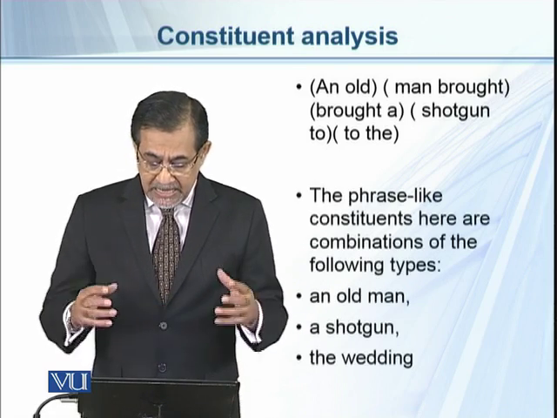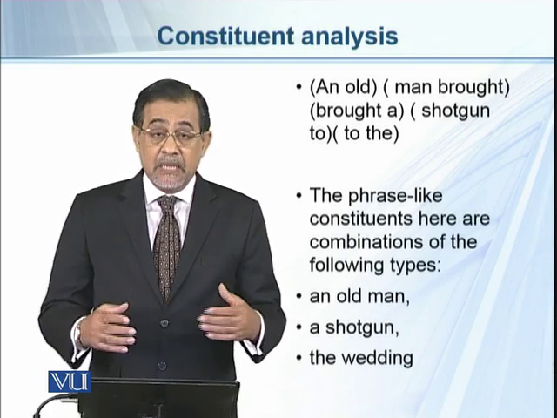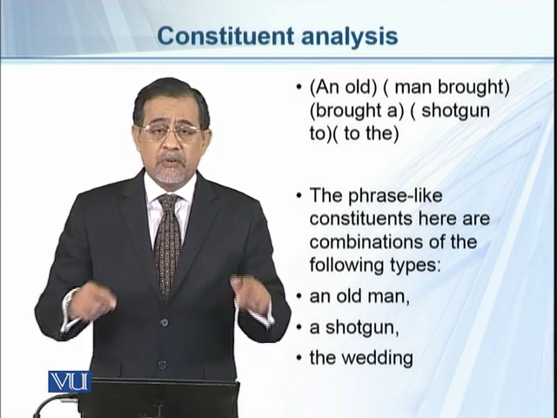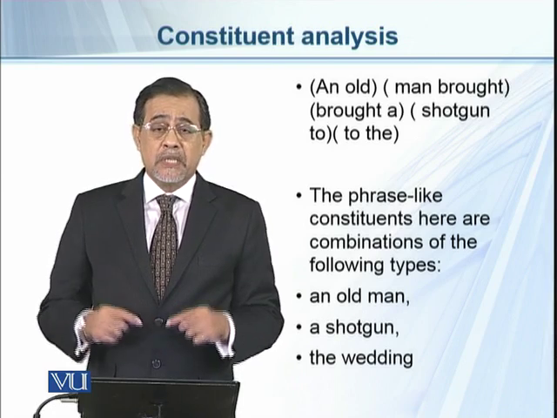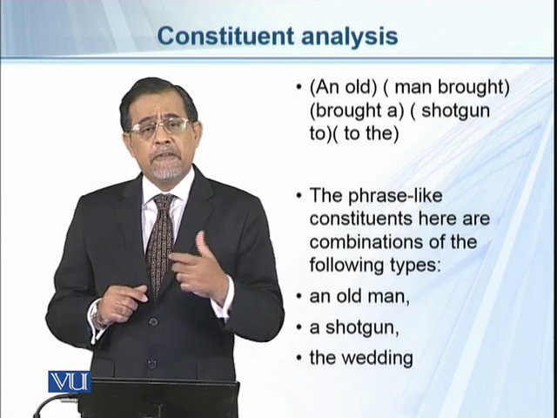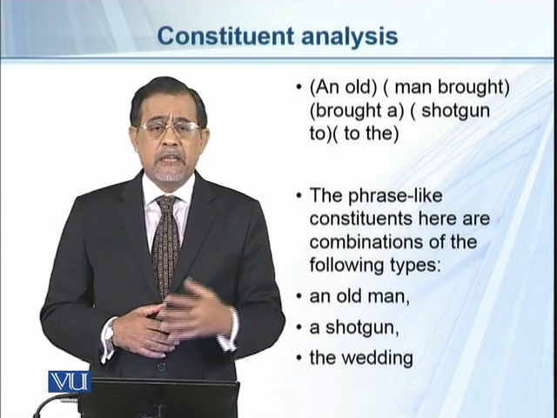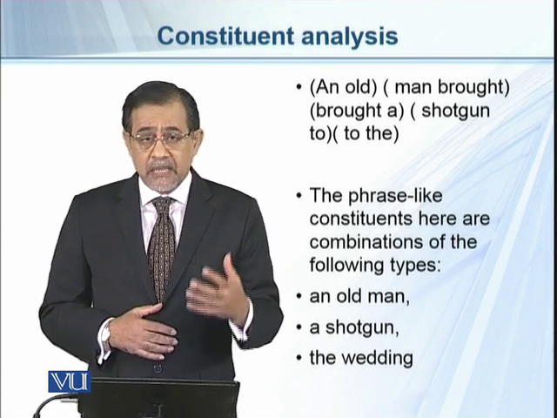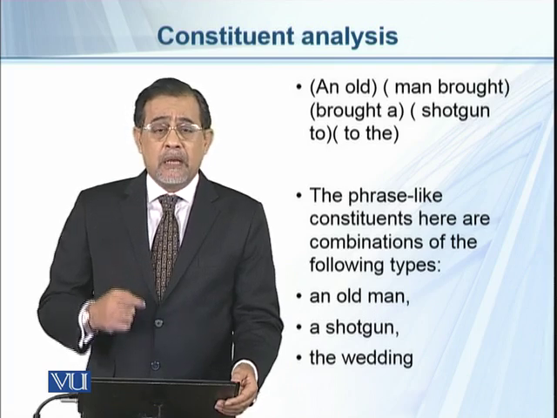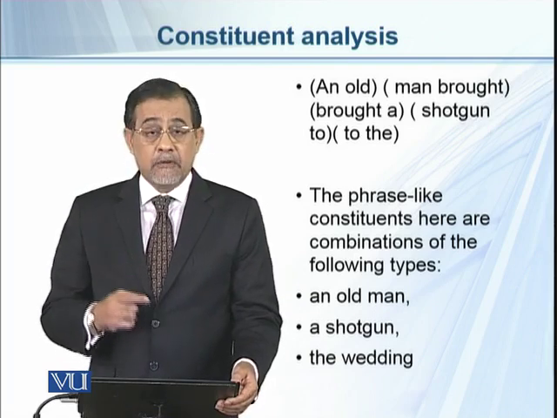So the phrase-like constituents here are combinations of the following type: an old man, a shotgun, the wedding. These are constituents made up of smaller constituents, which make phrases. So an old man is a noun phrase, a shotgun is a noun phrase, the wedding is a noun phrase, right? And the smaller constituents are joined with the bigger constituent.